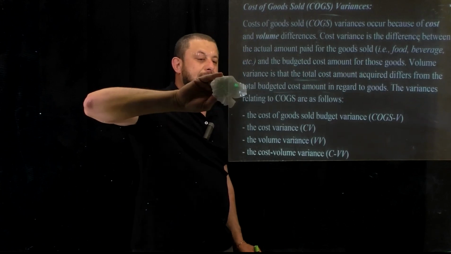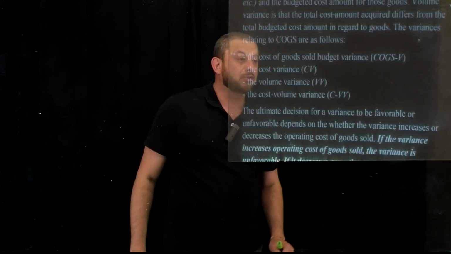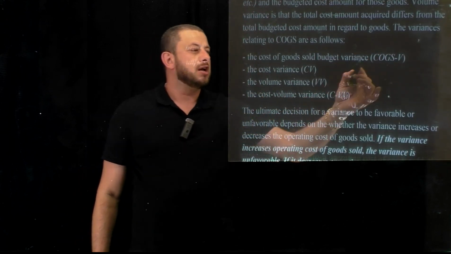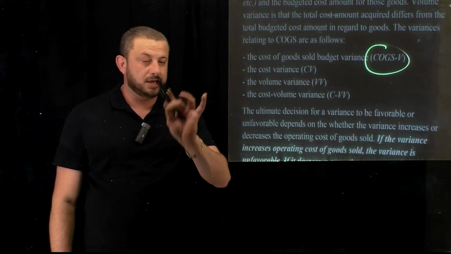When we are analyzing the variances in cost of goods sold, we have to take a look at four different things again. Just like revenues, we're going to find out the cost of goods sold variance, COGSV.